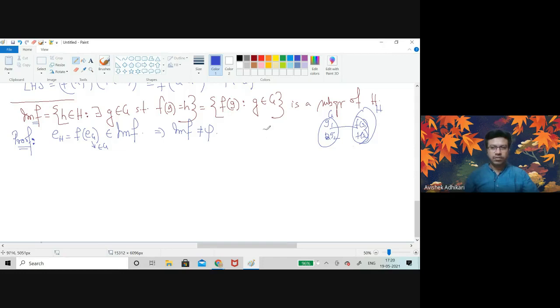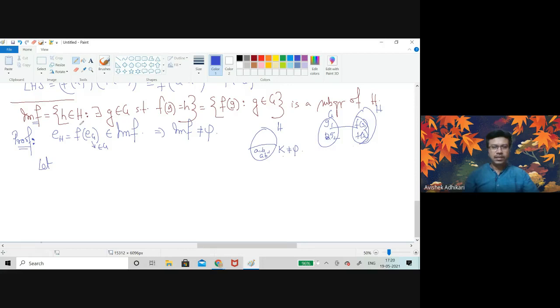What should I do when I need to show something is a subgroup of something? Say this is H. So I have shown that this is non-empty. Then take two elements, say a, b from here, and show that ab inverse is also within it. So take two elements.